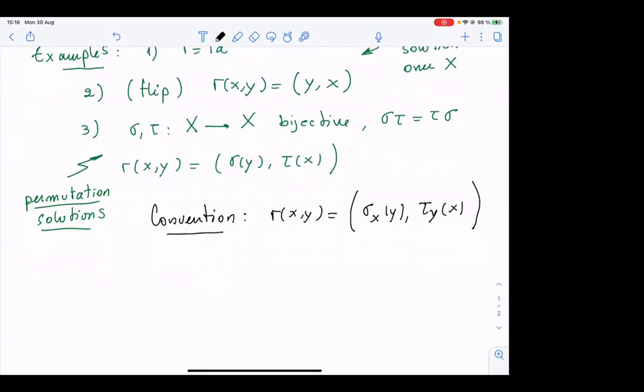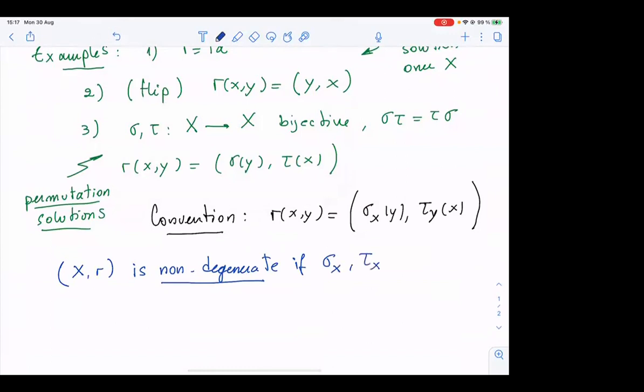And as I said, since I want to do this from the combinatorial point of view, I'm going to put the following definition. We are going to say that the solution is non-degenerate if all these maps and all these maps are bijective for all x, okay? So now, if you do this, then you have groups acting on your set X. And this is precisely what we want to try to do.